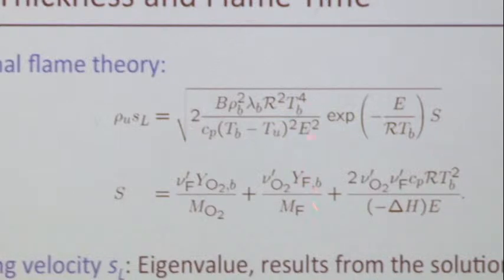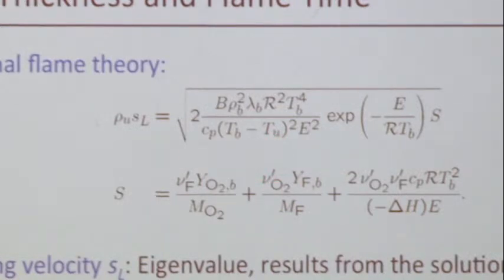And so you see there's a transport coefficient here, which is lambda over Cp, okay? And then all the rest here depends somehow on the chemistry, the composition, S, the exponential, and all these things.